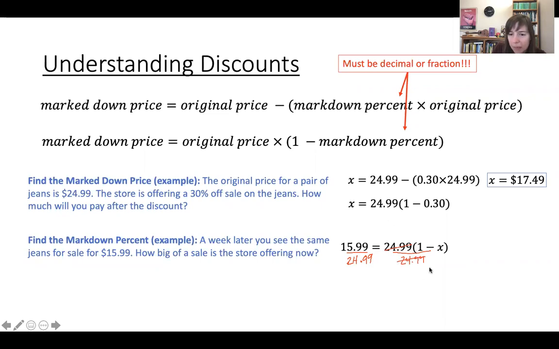Maybe add x to both sides, so that brings the x over here. And then you've got to move this 1599 over 2499 over there, so also subtract 1599 over 2499 from both sides.